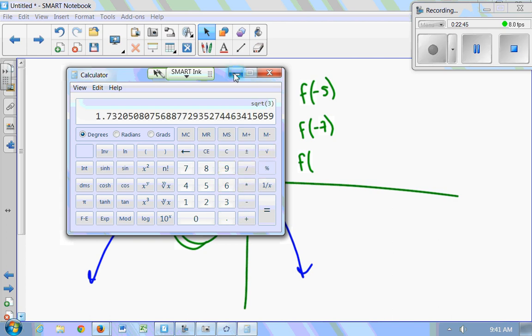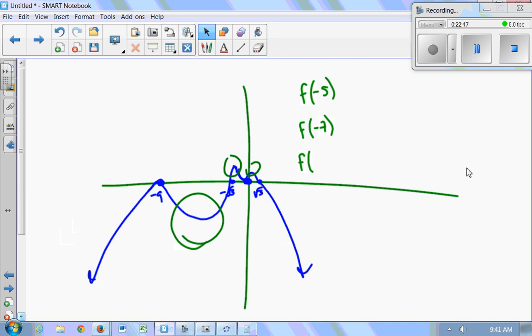Oh, 1.73. Okay. So I might do f of 1, f of -1. So I just have my calculator calculate these extra points. That will give me a better idea what the graph looks like.